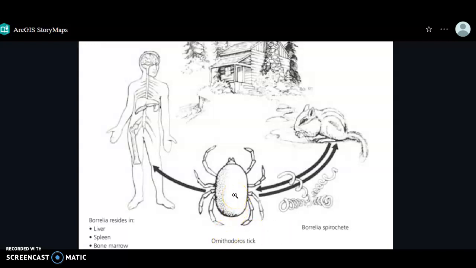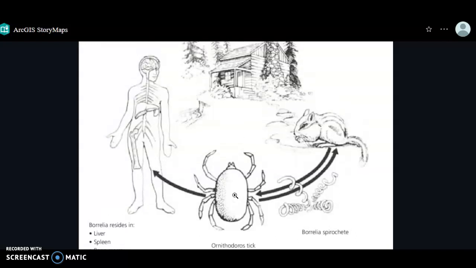Ticks get infected with the spirochaete, the Borrelia hermsi. They bite a rodent, squirrel, rat, mouse, mice, and that goes back and forth between them. But a human will get infected from a tick bite. Many times we don't know that we've been infected by a tick.